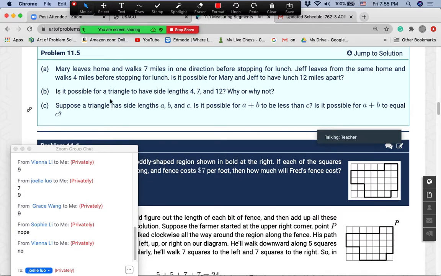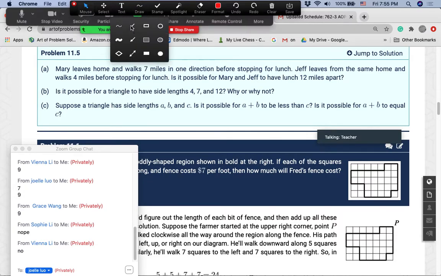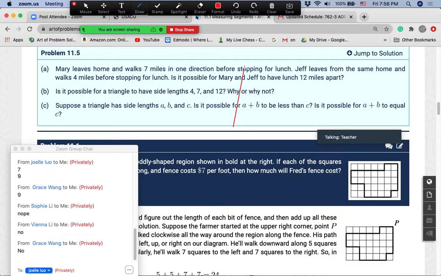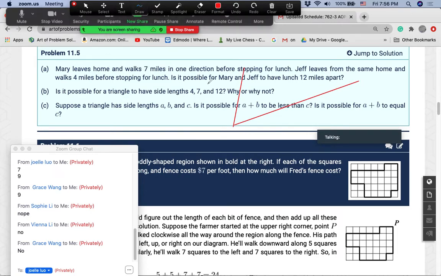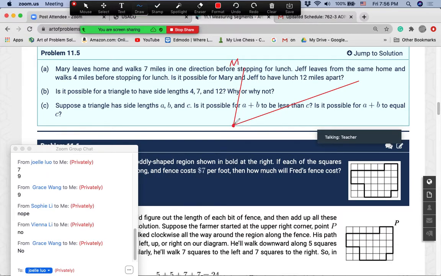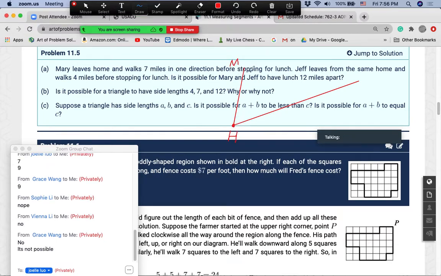For this one, you can also draw a diagram first. Suppose this one is Mary. This start here is home, right? Then this one's Jeff.